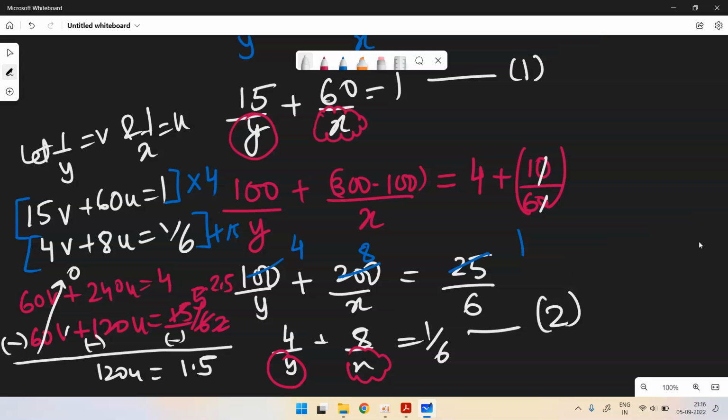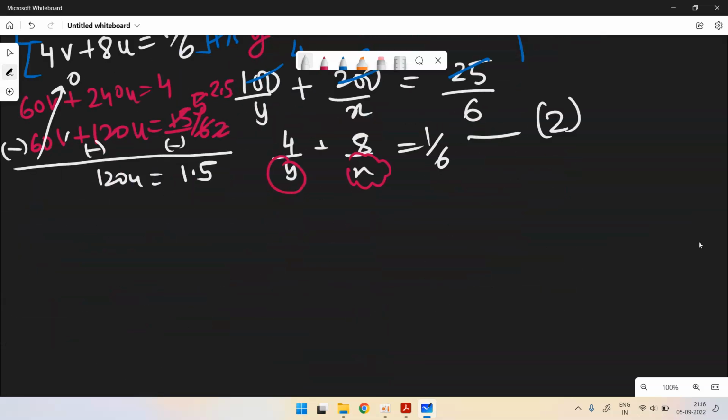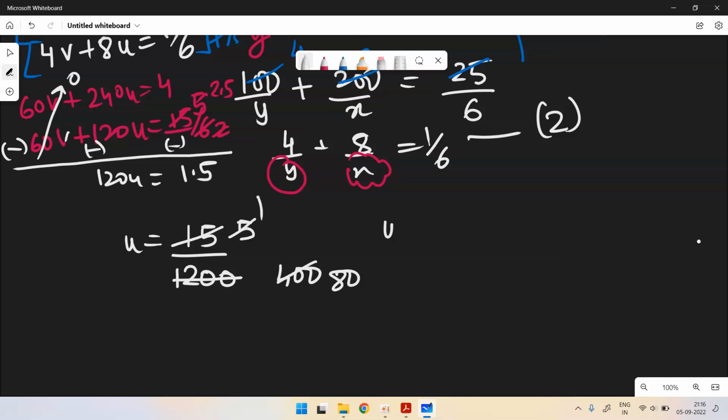So if you calculate this, u equals 1.5 by 120, which gives 1 by 80. So u equal to 1 by 80 is your value of u, and you need to find the value of v.